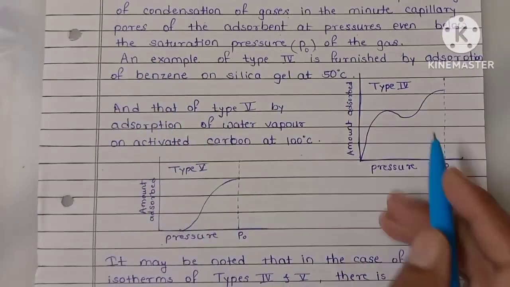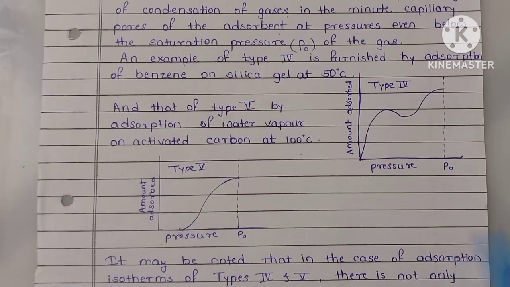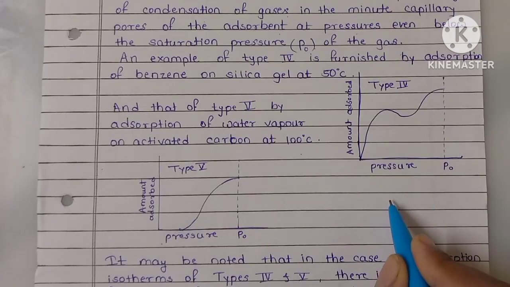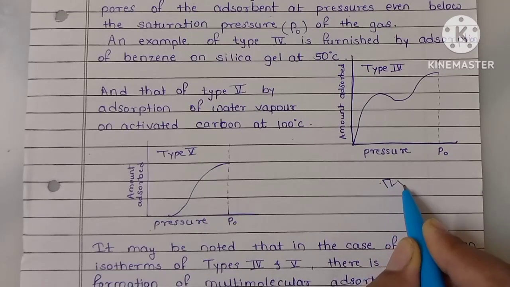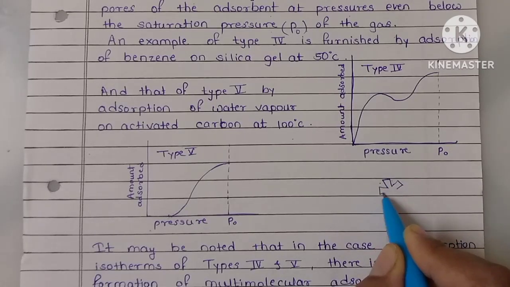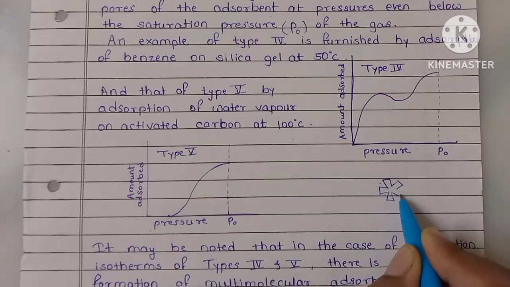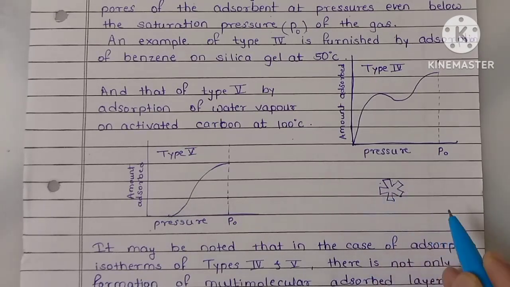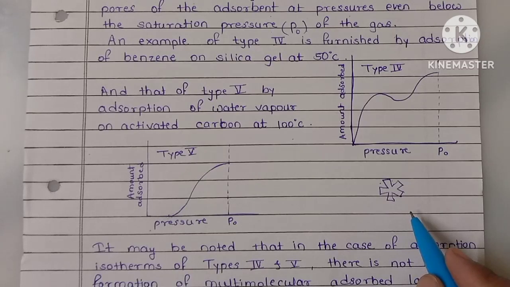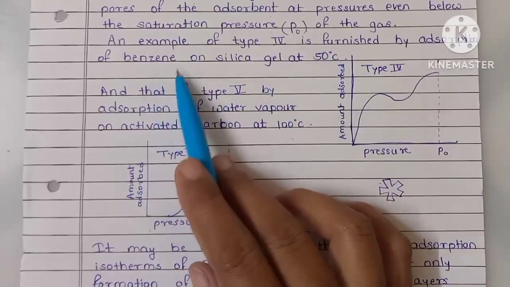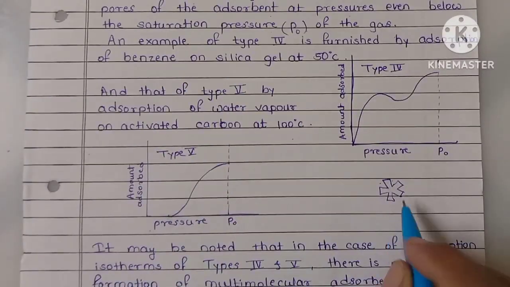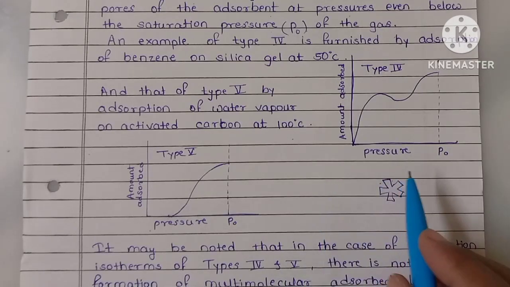So for type 4, consider this type of adsorbent, and on this surface the adsorption of benzene. Consider this is the silica gel, and on this silica gel the benzene molecules are getting adsorbed.